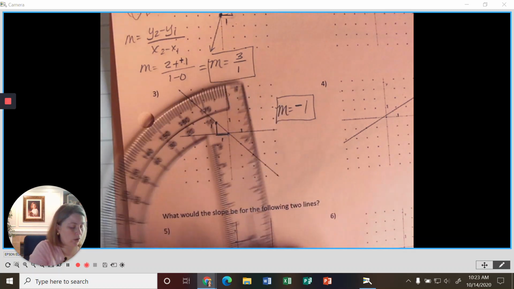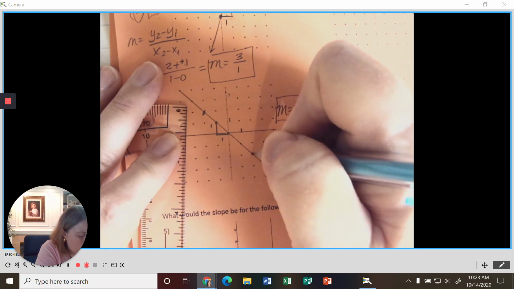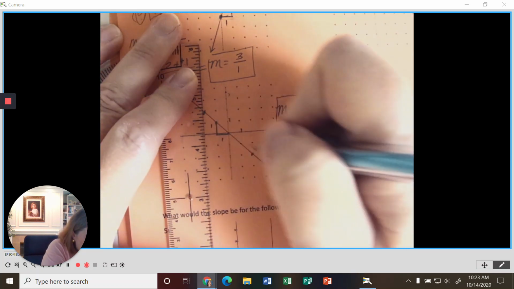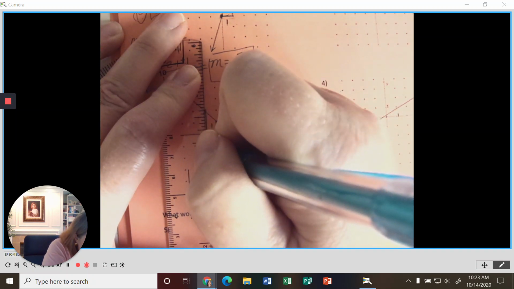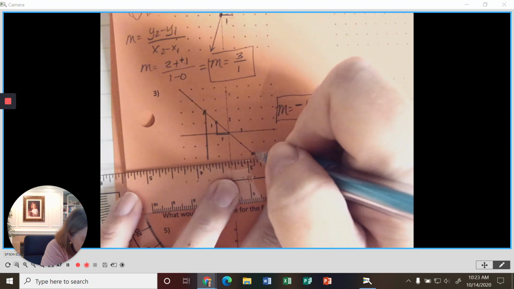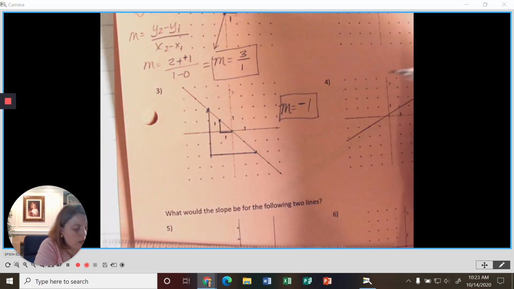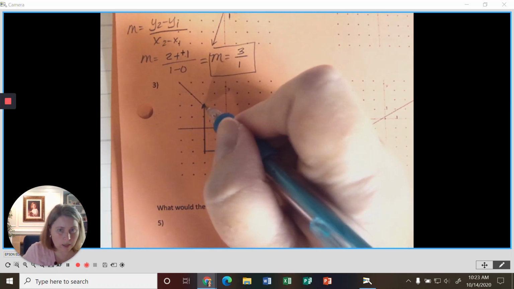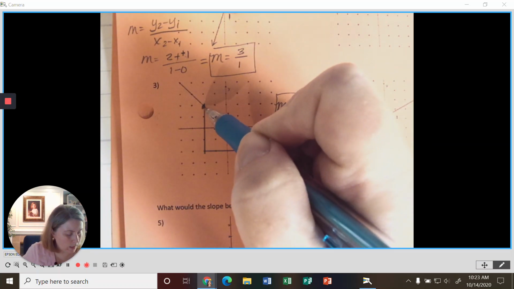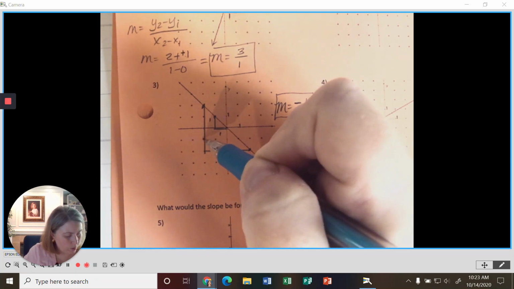So let's go ahead and look at that. So perhaps I chose this point and this point. So I make a reference triangle to there. Okay, so then I'll go ahead and measure these. So this is, again, the starting point. So that's 0. That doesn't count. 1, that's how far I went. 1, 2, 3, 4.